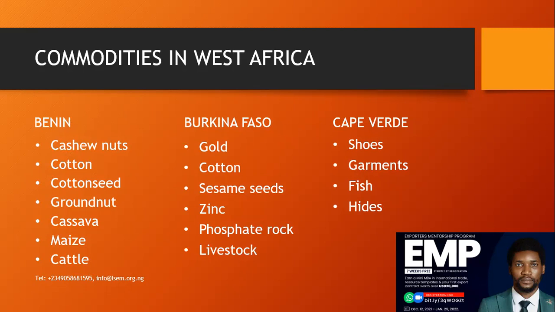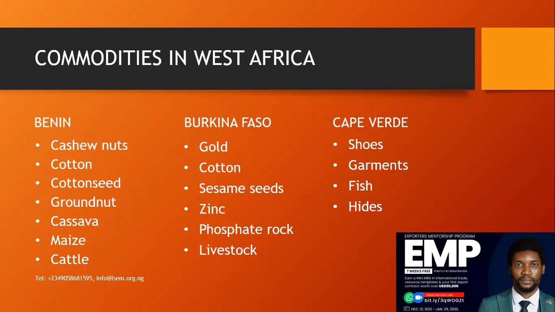You can go to Benin, acquire the commodities, package them, and use the Benin port to ship the product to your importer. The only thing is you have to confirm with the importer that he wouldn't mind the origin of the commodity. If he says he doesn't mind the commodity coming from Benin, you just take your certificate of origin from there and send it with the other documents to the importer.